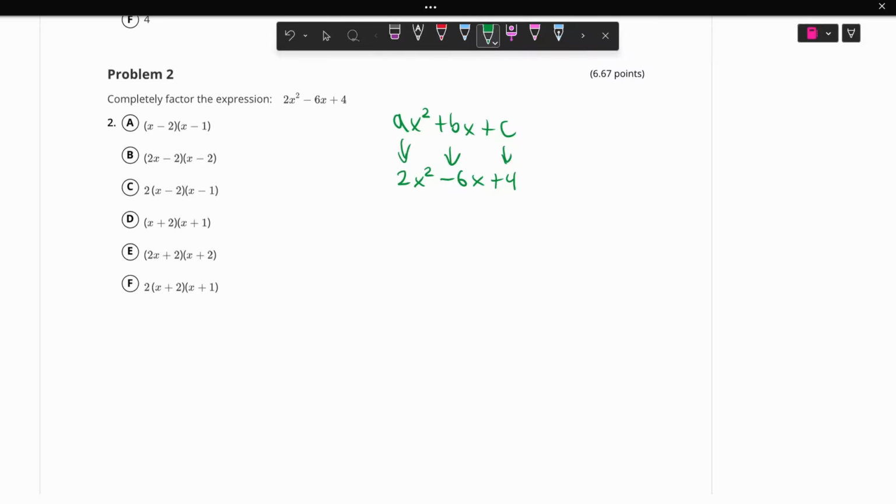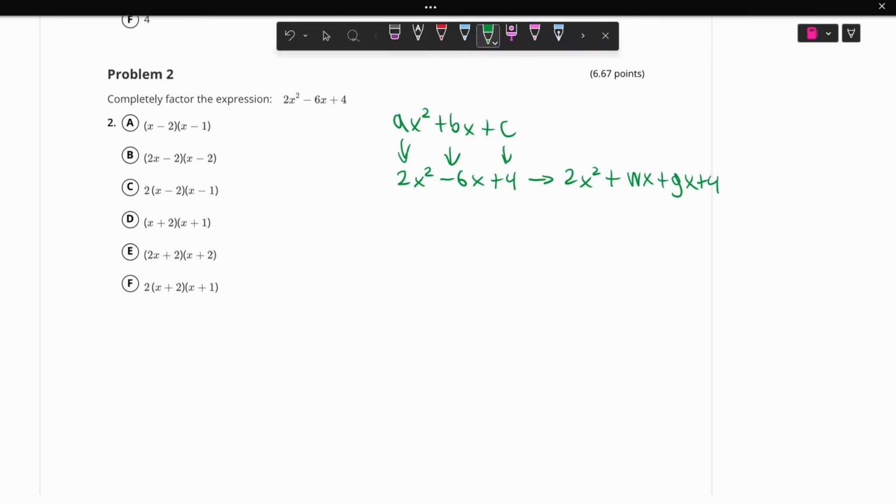And I'll even show you, usually when you factor by grouping, you want to split up your b value. So this value, you want to split it up into two smaller numbers that, like I mentioned earlier, multiply to your c value and add up to your b value. And so you'd end up with maybe an expression that looks like 2x squared plus, let's just say, wx plus gx plus 4.